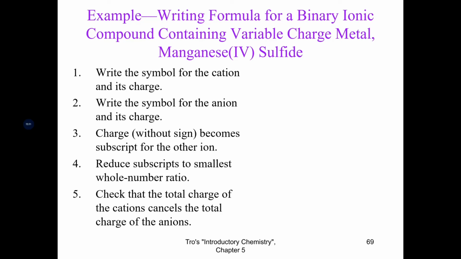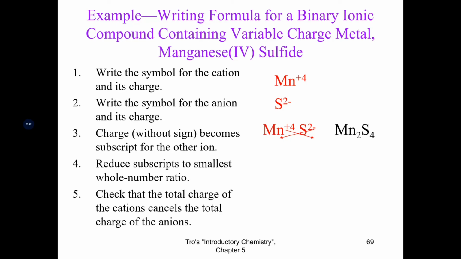We got here manganese 4 sulfide. So I know that manganese 4 is Mn 4 plus. Then we have sulfide 2 minus. So when we put them together, we're going to cross the charges, and we end up with Mn2S4. We did that last week in class.